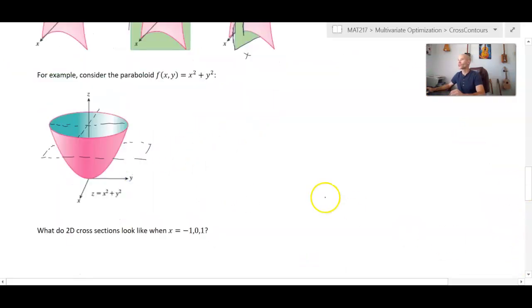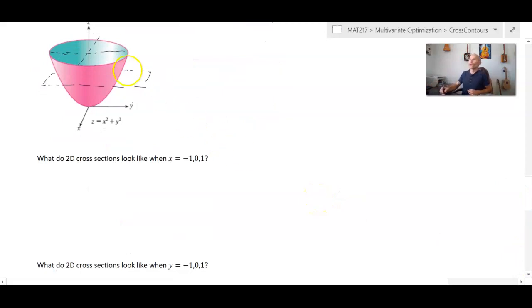How would we actually construct and be able to grasp those different cross sections when x is, say, -1, 0, and 1? Well, our function is the function f of x,y equals x squared plus y squared. So when I let x equal -1, that's going to produce f of -1 comma y.